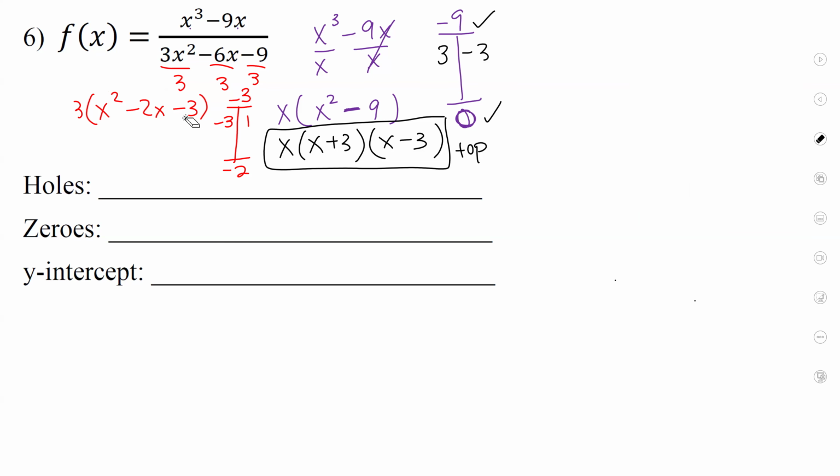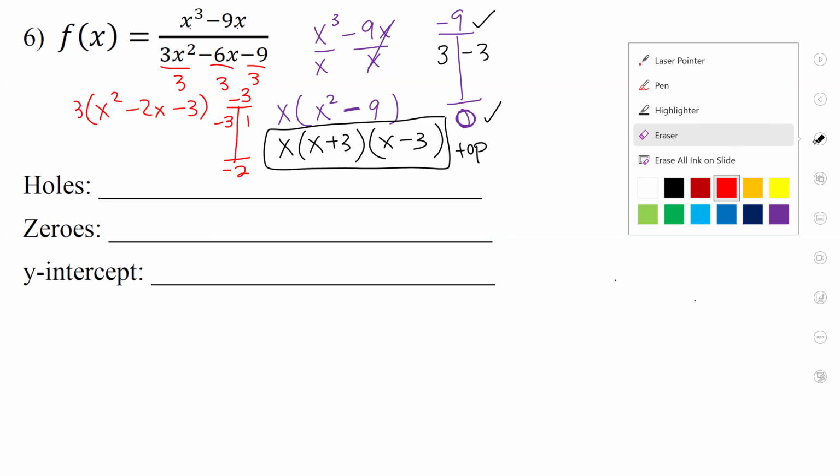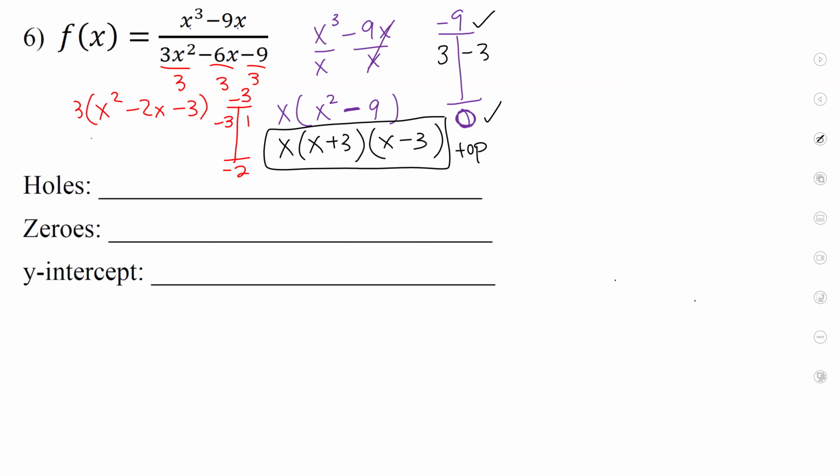So I can rewrite my factors as 3 is still on the outside, and I'll write x minus 3 and x plus 1. This is my denominator. I'll just put D for denominator.